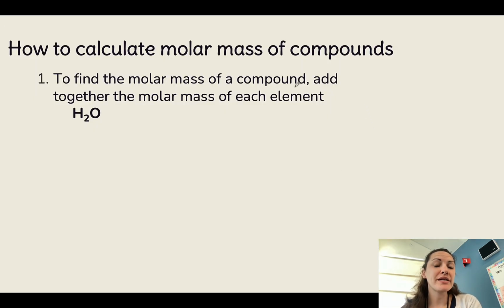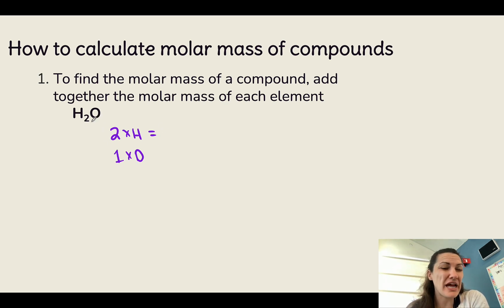So what we can do is calculate the molar mass of compounds. We talked about the molar mass of just an element, but when we have a compound, the mass is going to be additive. So for H2O, we have 2 H's and 1 O. We can just add up the individual molar masses, multiplying by how many of each type of atom there are.